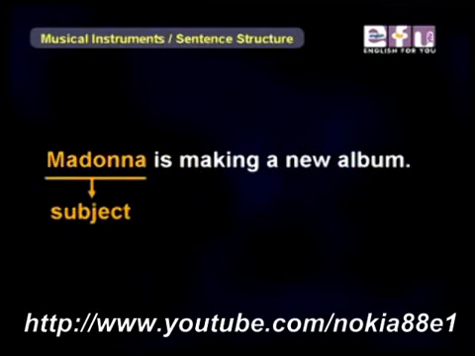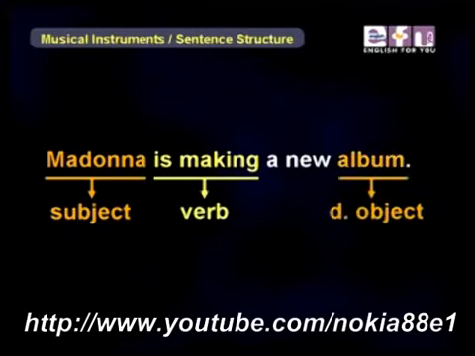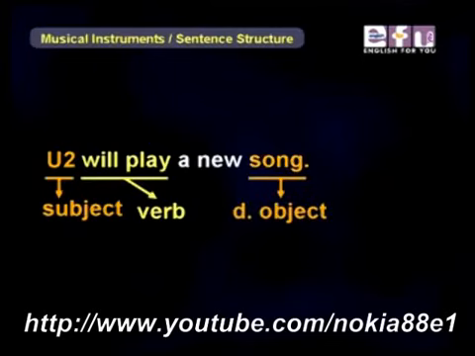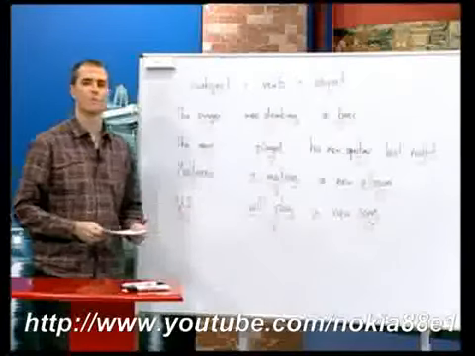Madonna, subject, is making, that's the verb, a new album, object. Madonna is making a new album. And U2, subject, will play, verb, a new song, object. U2 will play a new song.